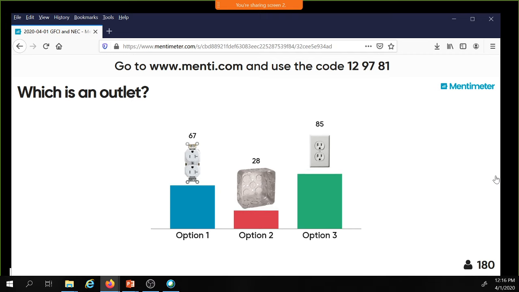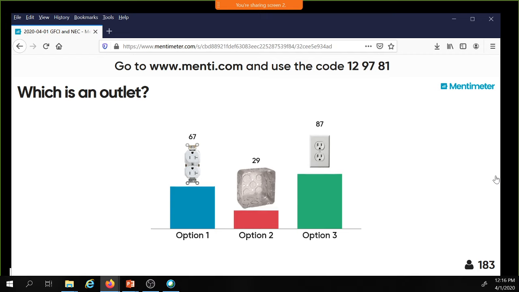You would put a receptacle outlet in an outlet, and the reason understanding this is important is because when you look at the requirements for GFCIs in the National Electrical Code, you will see some comments saying receptacle outlets, and you will see some comments say just outlet, where you have a requirement that says you have to have protection on this outlet, or you have to GFCI protect this receptacle outlet.